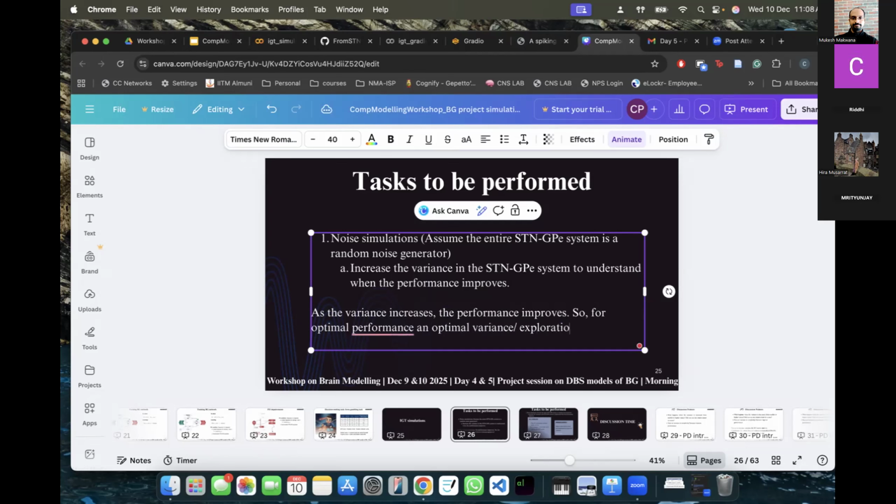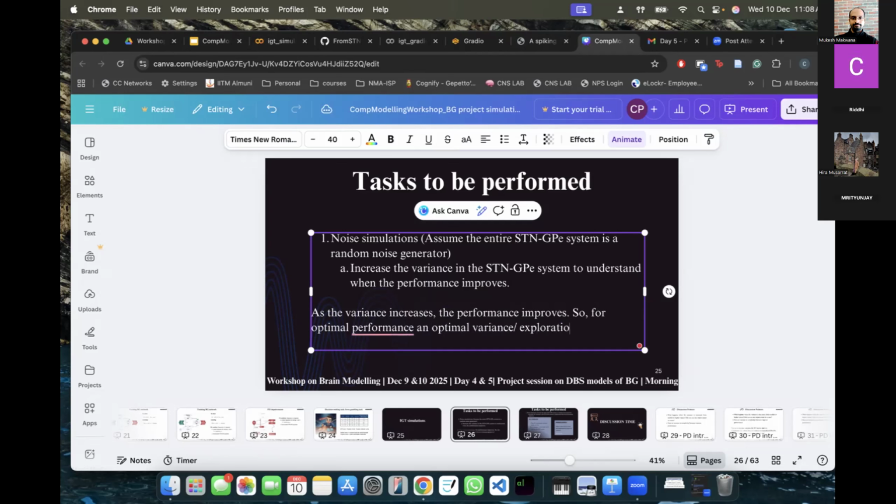GPE connects to STN neurons by inhibitory connections. STN connects to GPE via excitatory connections. GPE also receives input from the striatum, if you remember the architecture here. Those inputs we will also consider. So this is how it looks.